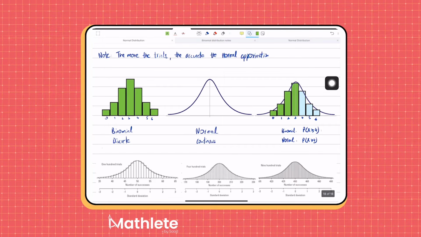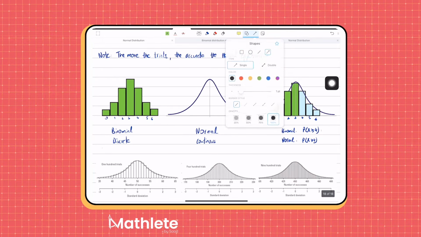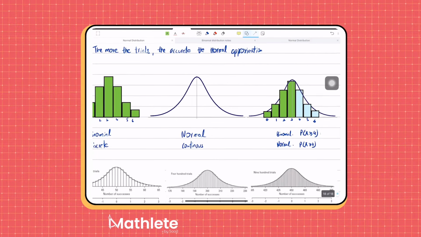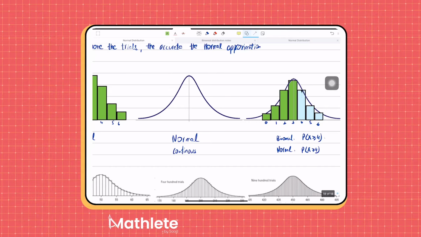Now if you do the same in normal distribution, first of all, where do we find 4 on this curve? So 4 is right at the center of this line right here. The absolute midpoint of the bar is where 4 is.